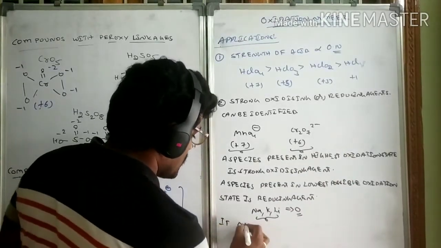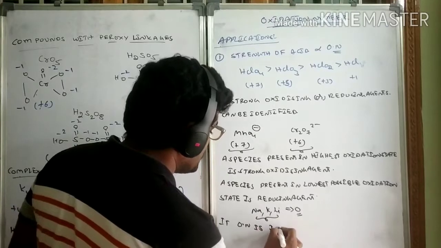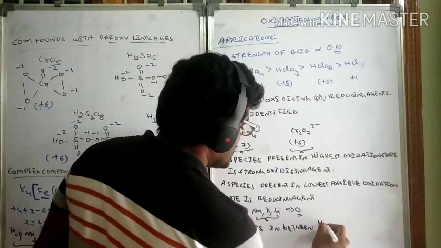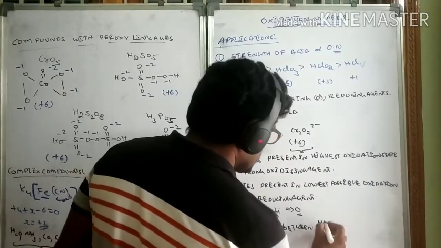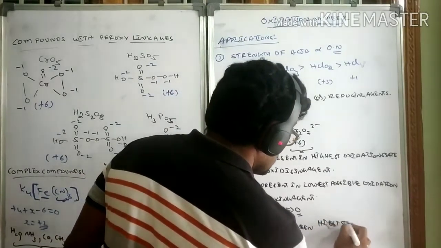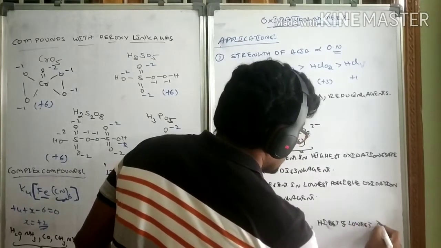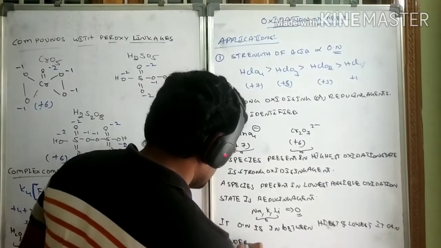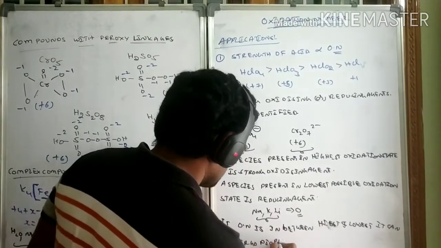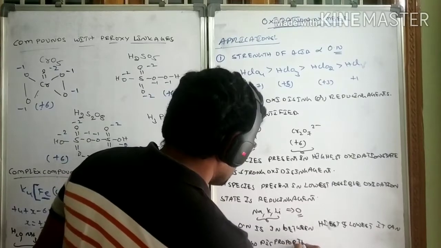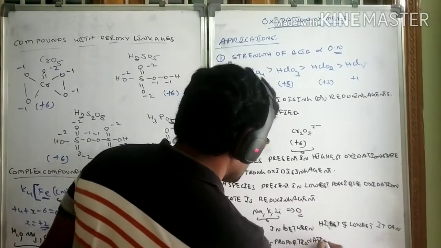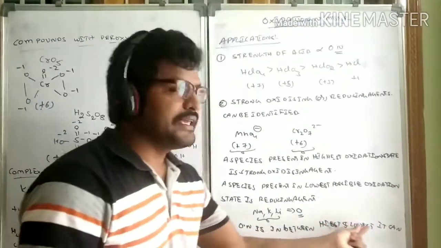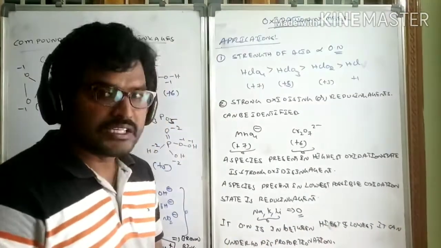If the oxidation number is between the highest and the lowest, it can undergo disproportionation.